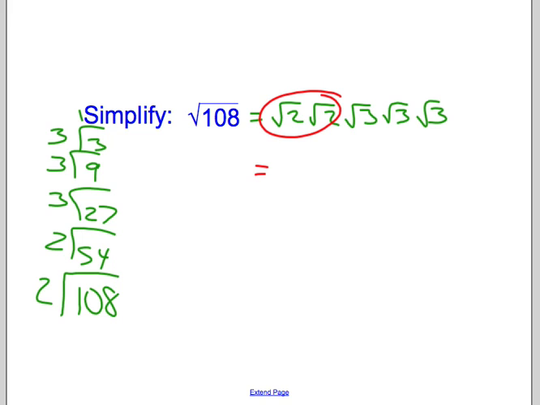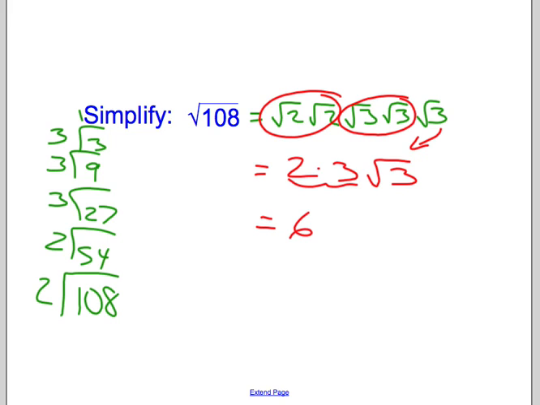A pair of 2's gives me a value of 2. Times the pair of 3's. Remember, you can only put 2 of them together. So a pair of 3's gives me a value of 3, and I have that square root of 3 left over on the end because there isn't anything to combine it with. 3 times 2 is 6 square roots of 3. Hopefully this is starting to get really easy. Alright, there we go. So that's it.